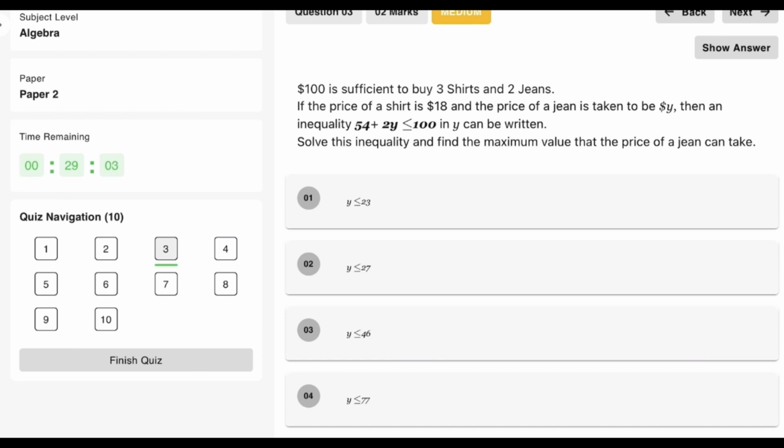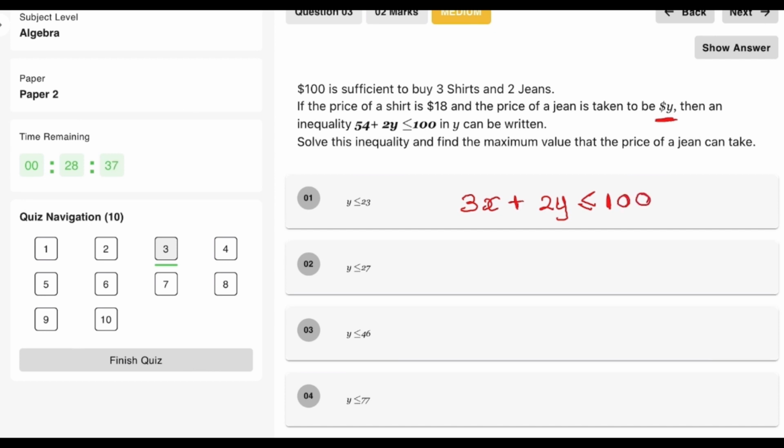So if the price of the jean is y, then 3 into x plus 2 into y, where x I'm taking as the price of a shirt, should be less than or equal to 100.